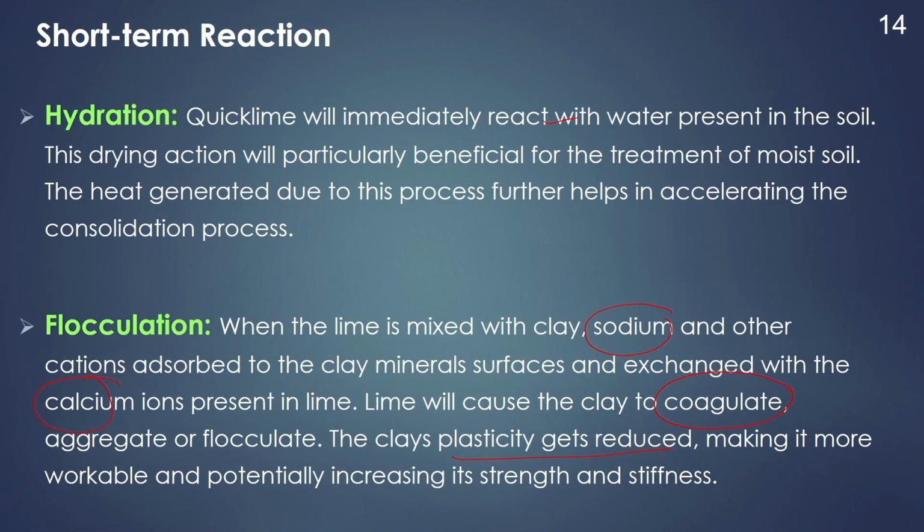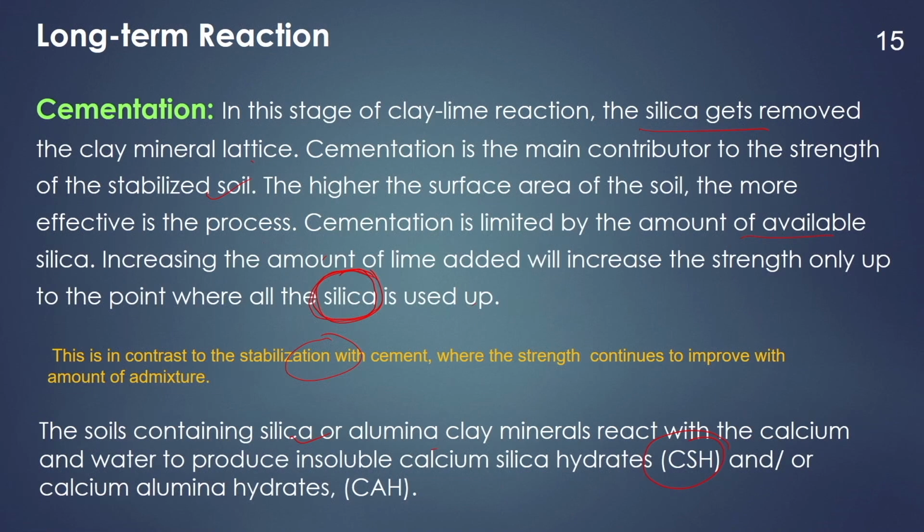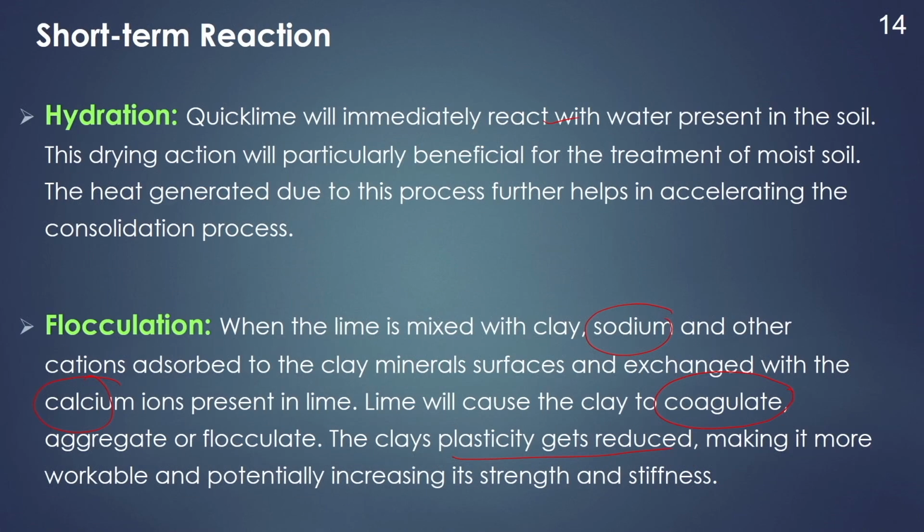So, out of all these four processes, cementation generally generates more strength in comparison to carbonation, hydration and flocculation. The strength increase takes place because of the cation exchange or the amount of silica present in the soil. So, this lime stabilization technique is mostly limited to clay type of soil.